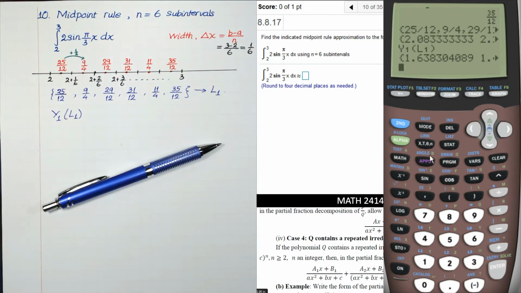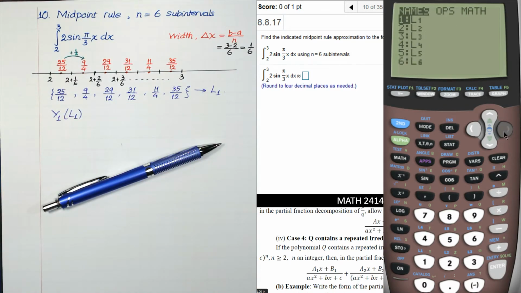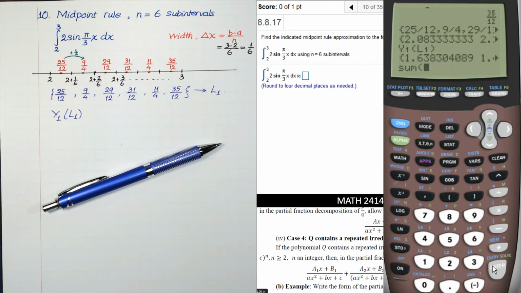And then we add all of this up. Second stat, summation. Second stat, go to math, option number 5, and just add that up.